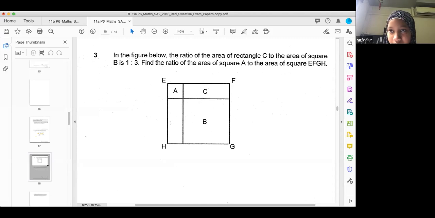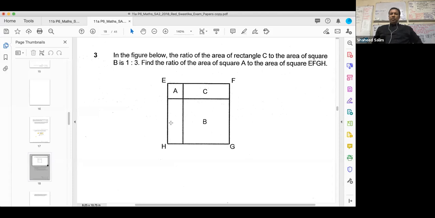Okay, even this one, I'm thinking now. The area of C, the area of B is 1:3.